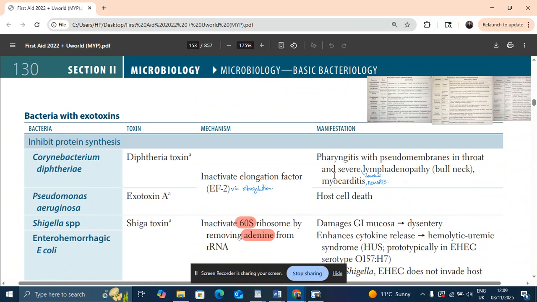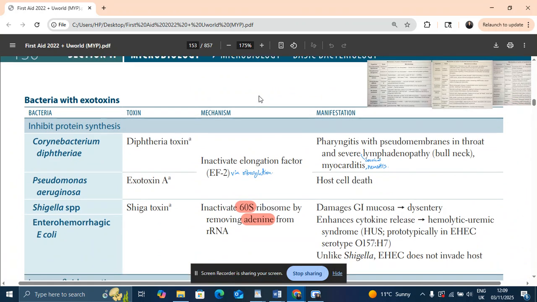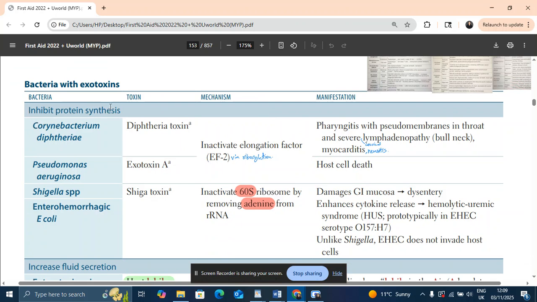Now we will discuss bacteria one by one on the basis of their function. First, we will talk about those bacteria that produce exotoxins that inhibit protein synthesis.